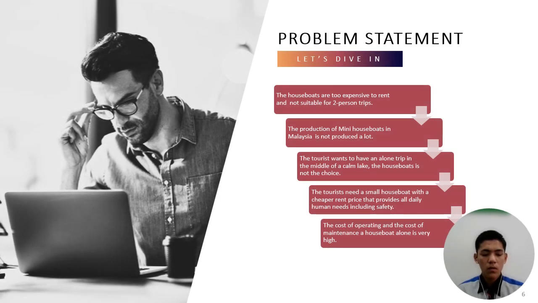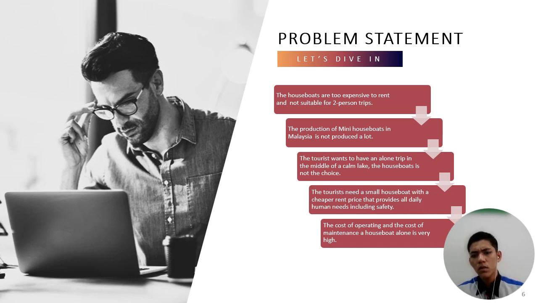And then we go through the problem statement. Actually, what is the factor that brought my team to make the mini houseboat as a field of study? So the first problem is the houseboats are too expensive to rent and not suitable for a 2-person trip. And then the production of mini houseboats in Malaysia is not produced a lot.